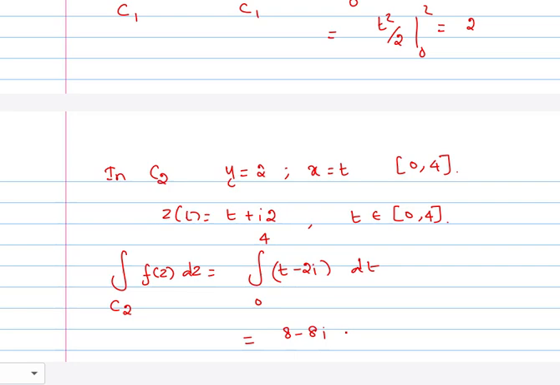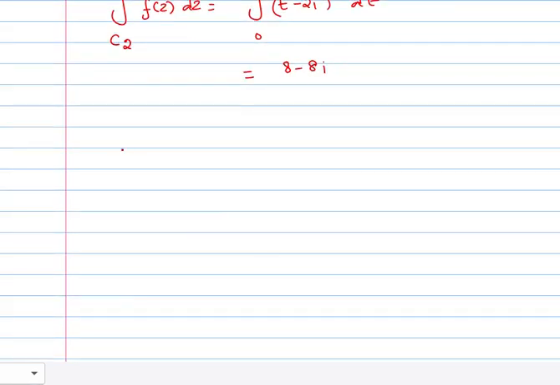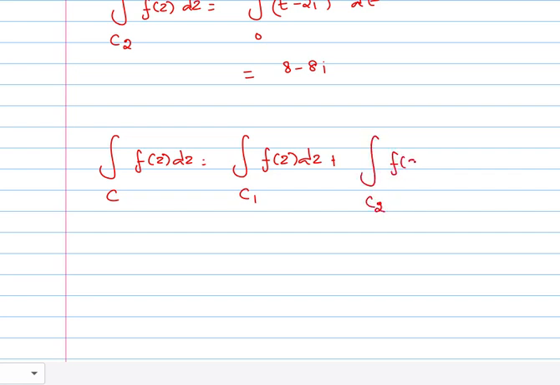So from the integral over C of f of z dz equal to the integral over C1 plus the integral over C2, the first integral value is 2, the second is 8 minus 8i, so I get 10 minus 8i.